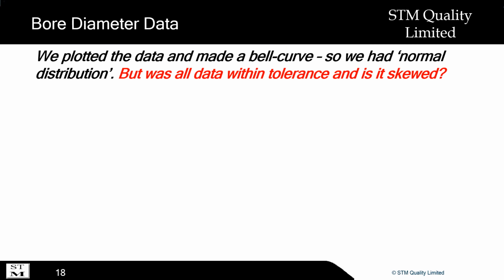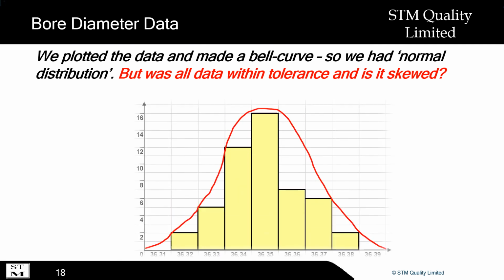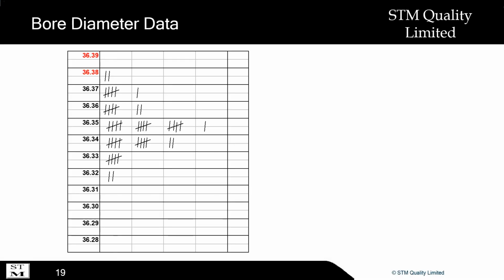For the bore diameter data, we plotted the data and made a bell curve, so we had normal distribution. But was all data within tolerance, and is it skewed? Let's look at the bore diameter data and the tally chart.